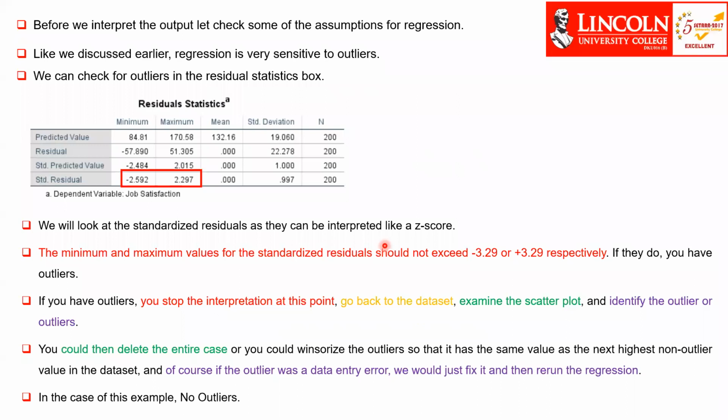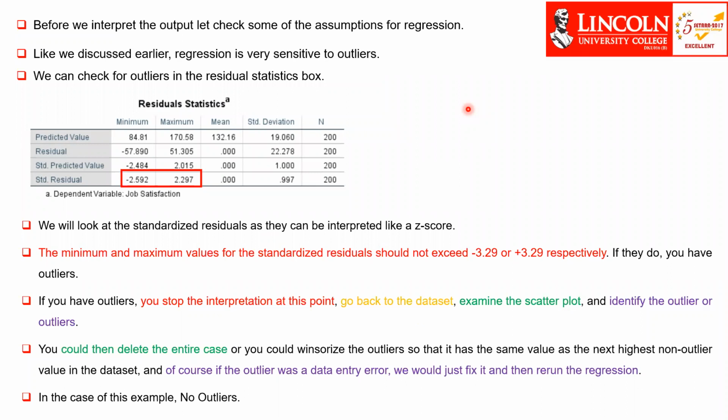Before we interpret the output, let's check some of the assumptions for regression. That's the first thing you have to be doing, to be sure that you have not violated any of the assumptions. Now, like we discussed earlier, regression is very sensitive to outliers.